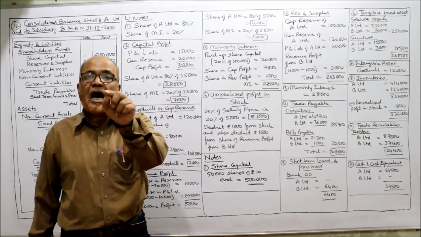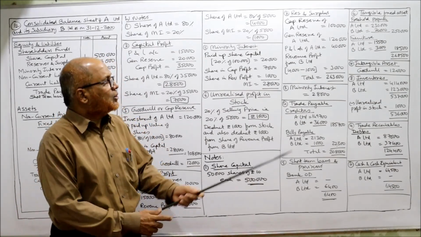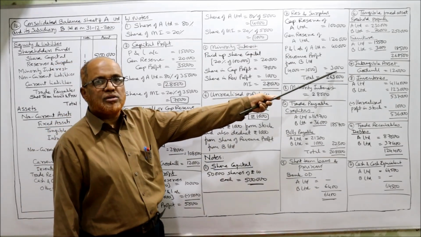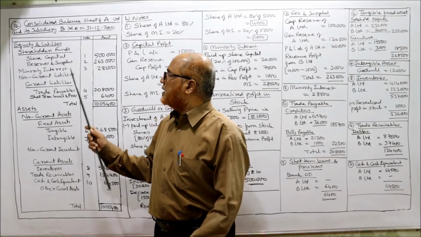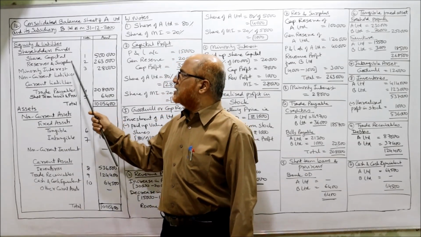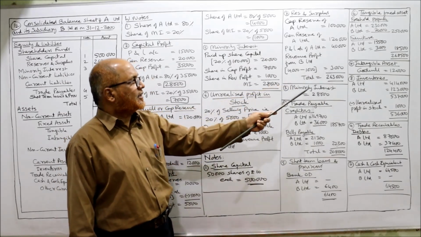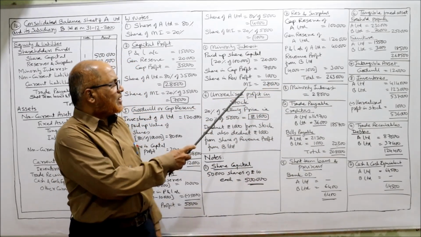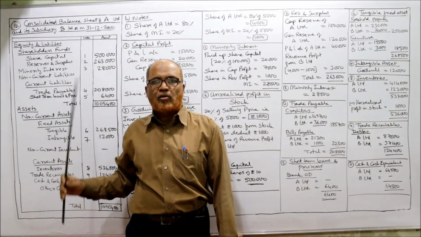Out of 4,000, unrealized profit in stock 1,000 will be deducted. So 4,000 minus 1,000, 3,000. So total reserves and surplus 2,63,000, you can take it here. Now minority interest we have already calculated, 28,000. So we have taken 28,000 minority interest.